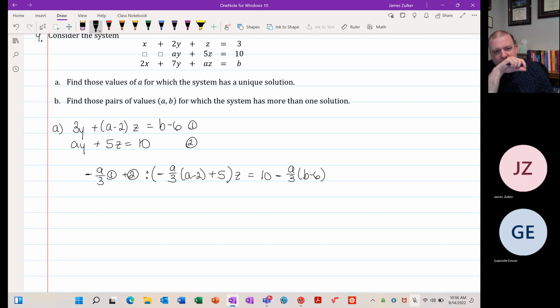So this is the equation that we're left with. Let's get rid of the fractions. All right, so let's multiply by 3.